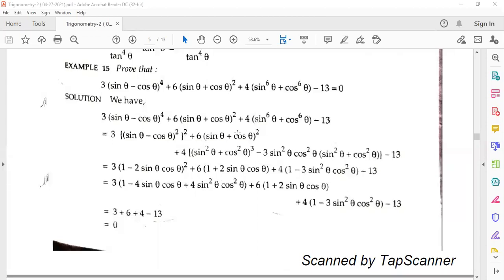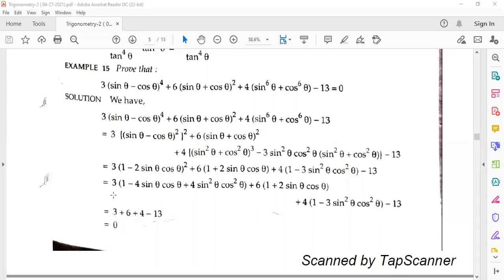Now 6 into here also sin square theta plus cos square theta plus 2 sin theta cos theta; putting 1 for sin square theta plus cos square theta, 1 plus 2 sin theta cos theta. Now plus 4 into sin square theta plus cos square theta whole cube, that means 1 cube, minus 3 sin square theta cos square theta into 1. So here we can write 4 into (1 minus 3 sin square theta cos square theta) minus 13.